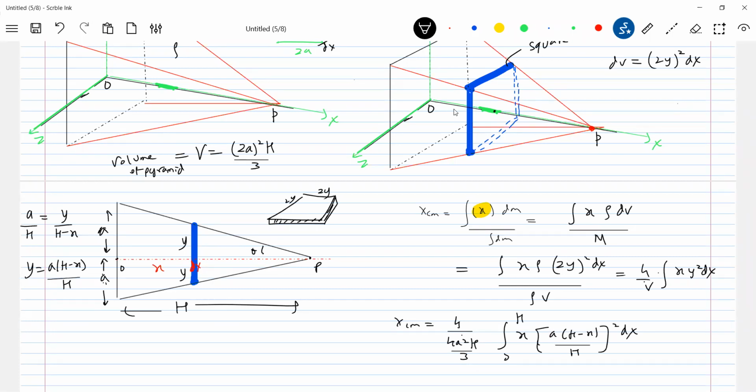Solve it, no? So we'll get around h by 4. The total answer will be, I'll write it, do the calculation later on. You have to expand this and substitute the limits.